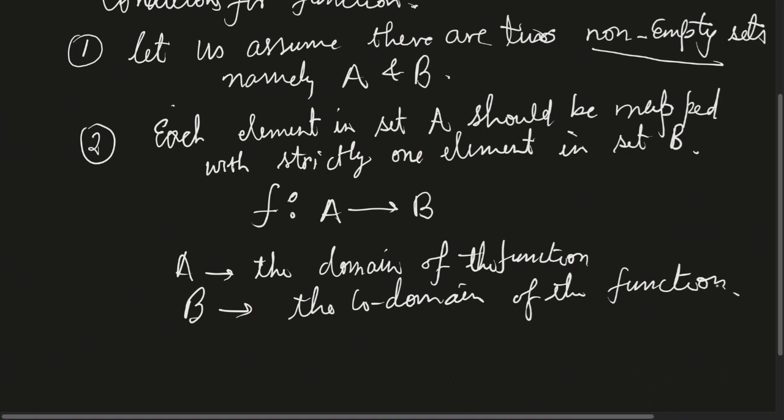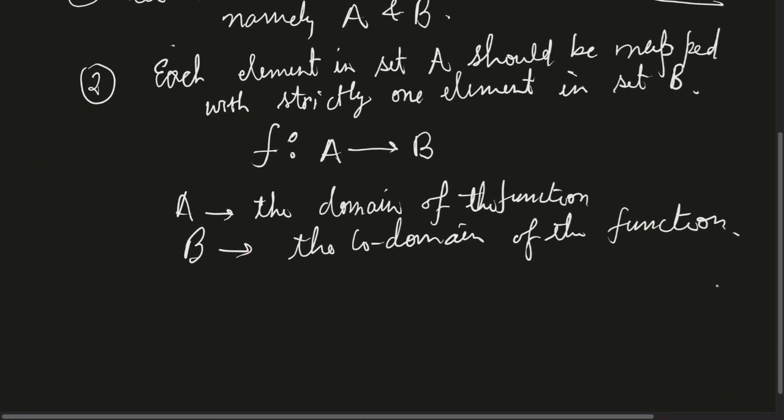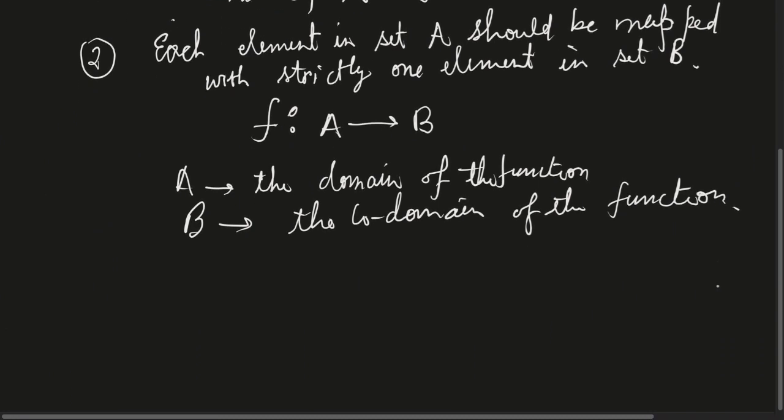Now, let us see what we actually mean when we say that each element in set A should be mapped with strictly one element in set B.